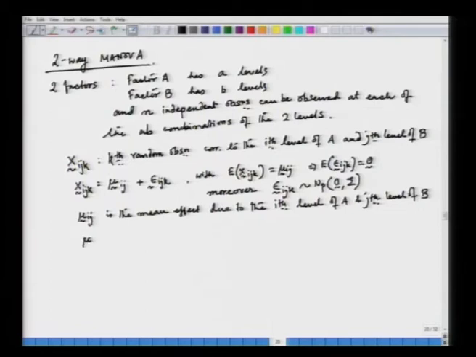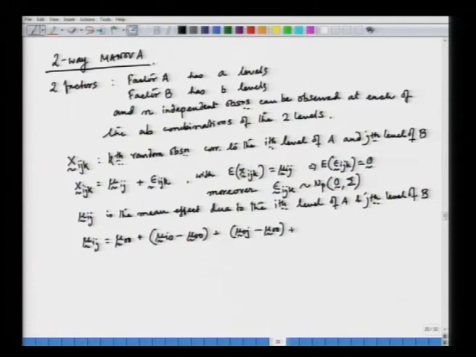So, as before, I bring in an overall effect or the grand mean part, that is mu, and denote it by mu naught naught. And then this is how the adjustment goes. I have mu i naught minus this grand mean effect, then I again put a mu naught j again with the minus of overall effect.